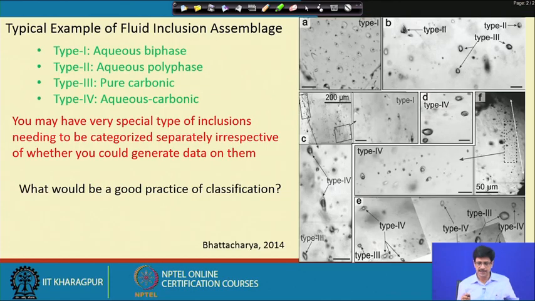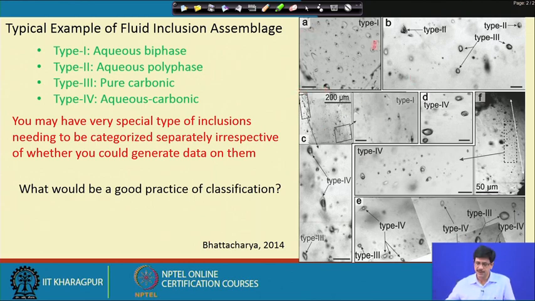Okay, so I will just very quickly browse through what I have said. Here we could see what we understand by fluid inclusion assemblages. This is a typical example, which I have taken from work that was done in our lab.